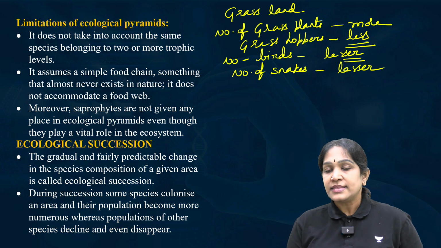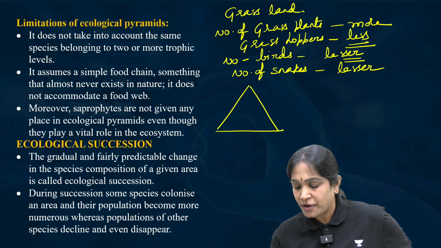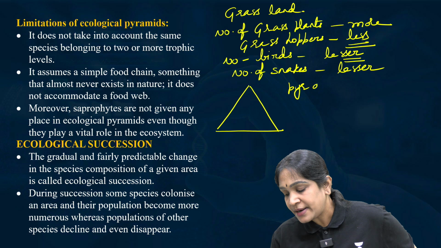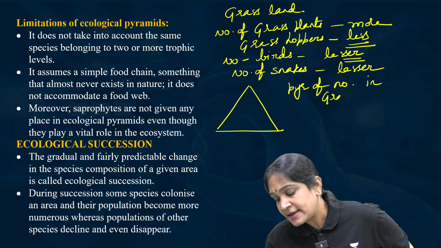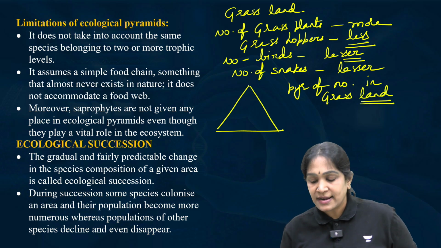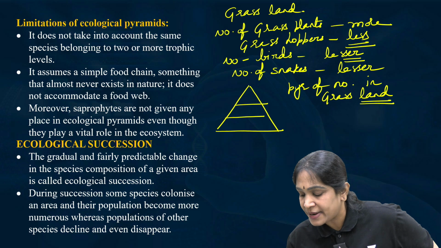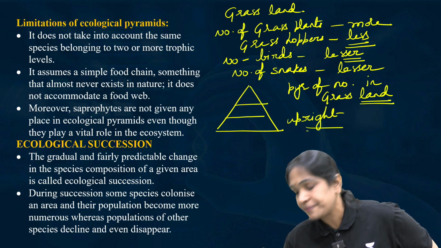So, okay, the grassland ecosystem, the ecological pyramid of numbers in grassland, the pyramid of numbers in the grassland is upright. This is upright pyramid.